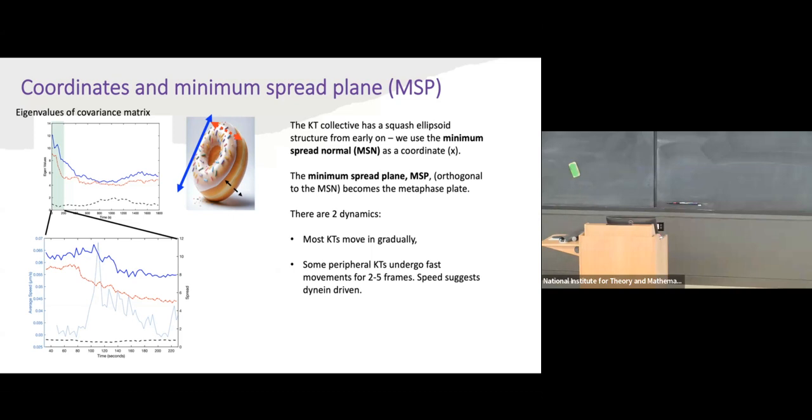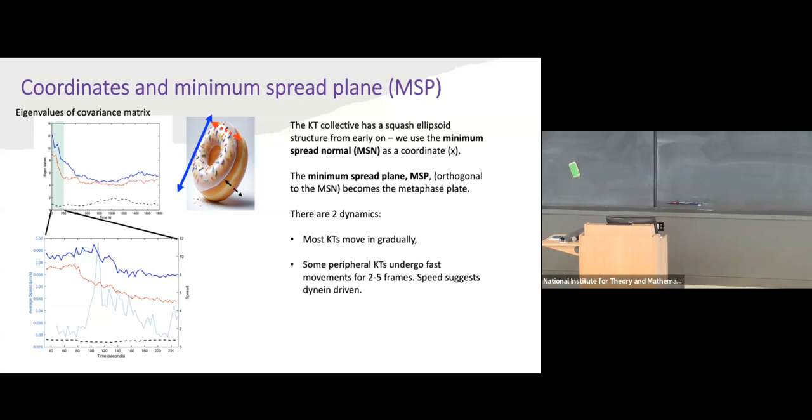This narrow direction will become the direction of the metaphase plate normal. And these other directions are wider and they come in this contraction. I've drawn it like a donut, because you often see the spots organized around in a donut.